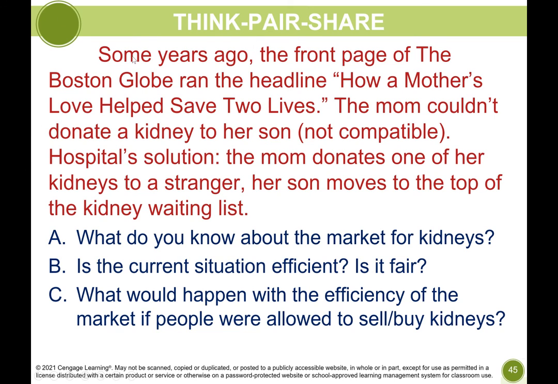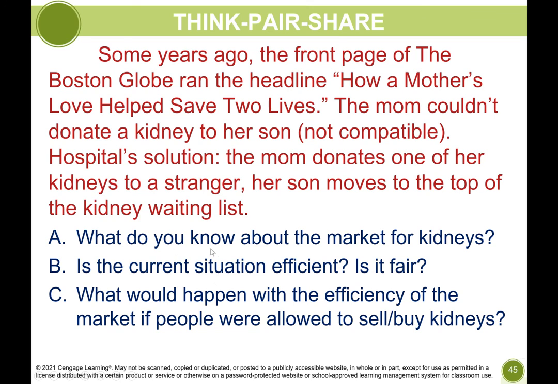Think, pair, and share. Some years ago, the front page of the Boston Globe ran the headline, How a Mother's Love Helped Save Two Lives. The mom couldn't donate a kidney to her son; they were not compatible. The hospital's solution: the mom donates one of her kidneys to a stranger, and her son moves to the top of the kidney waiting list.